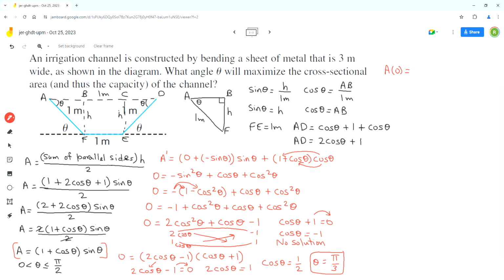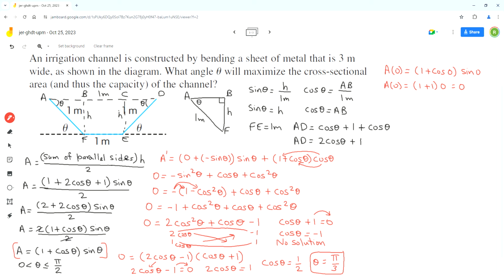So A at 0 equals, so we know cos 0 is equal to 1 and sine of 0 is equal to 0. So the value will become 0 because 1 plus 1 is 2 and 2 times 0 is 0.